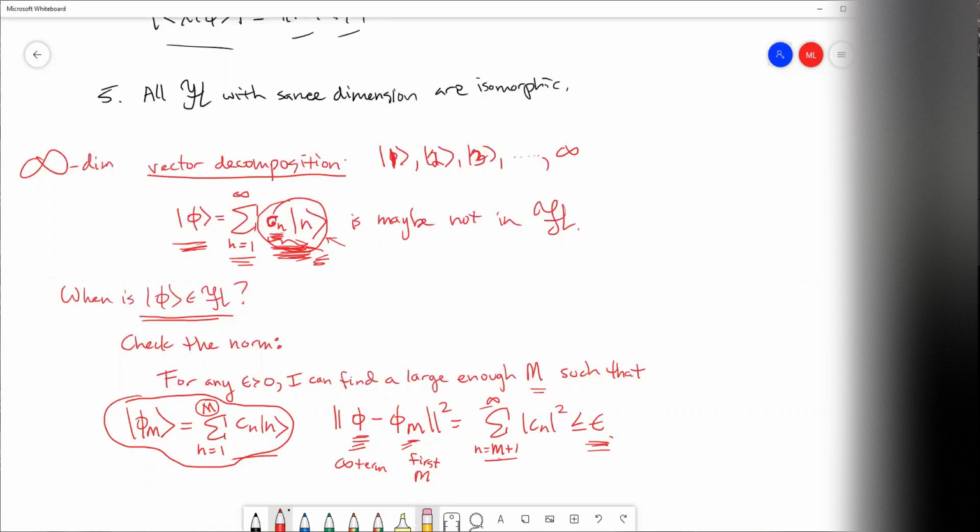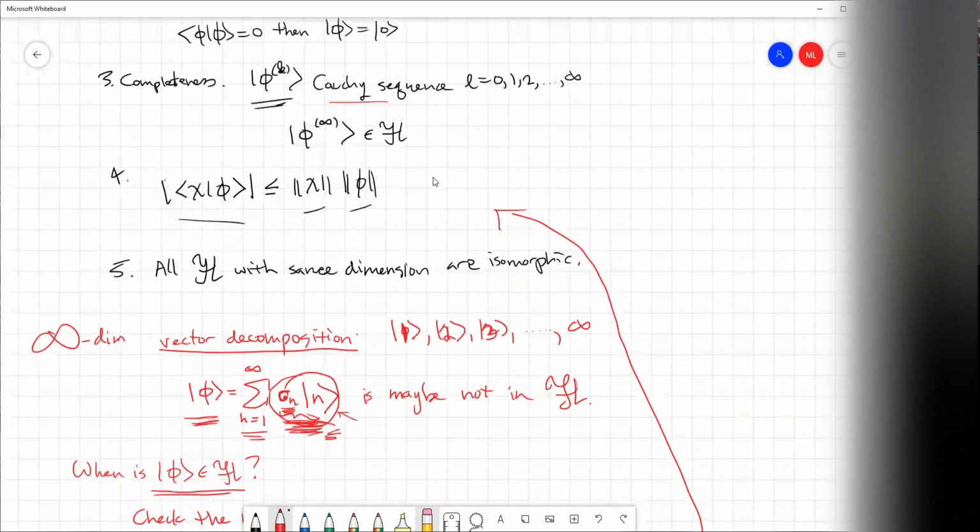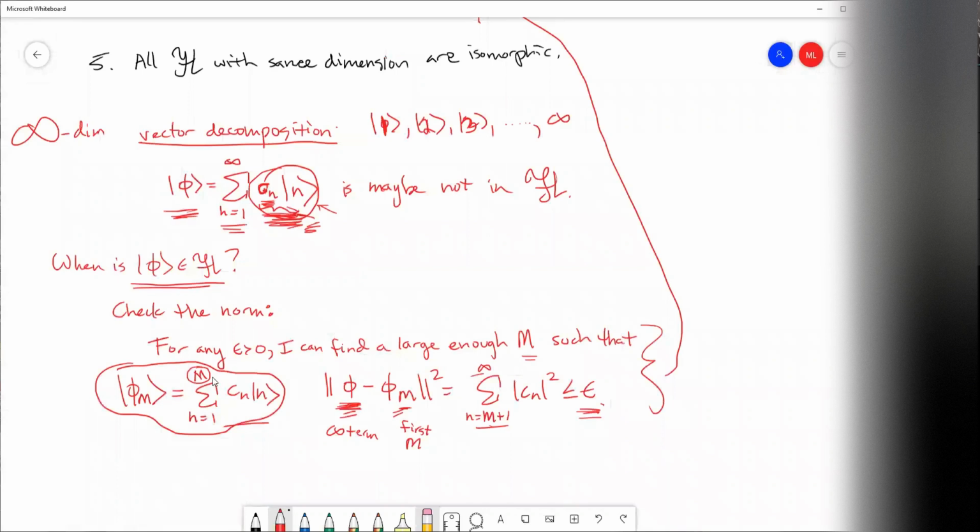And in this case, if this is true, then you can use this Cauchy business to conclude that the limiting vector is in your space too. So that's how it works. That's where the Cauchy part comes from. A Hilbert space is complete. So if you find a sequence that's Cauchy, in this case the sequence are these finite sums, where m is 1, 2, 3, 4, up to infinity, the limit of that sequence is the phi that we want, the full infinite decomposition.